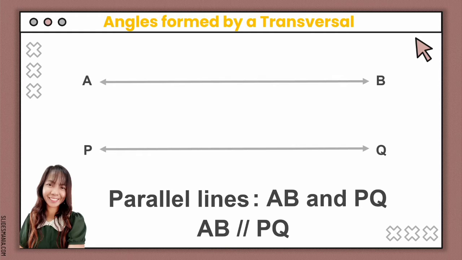Please repeat after me. AB is parallel to PQ. Or you can say line AB is parallel to line PQ.